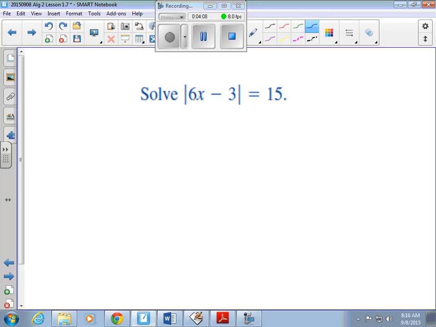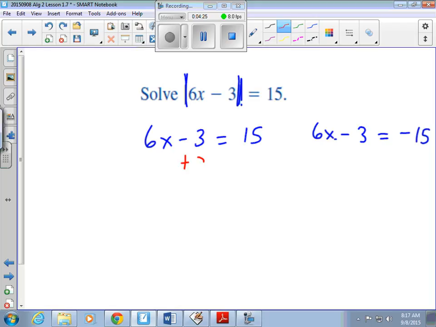Again, anytime you have absolute value like this, 6x minus 3, you're going to make it two problems. 6x minus 3 is 15, just like it says, or 6x minus 3 is negative 15. You work them the same way, with the same steps. You add 3 to both sides, so you have 6x equals 18.